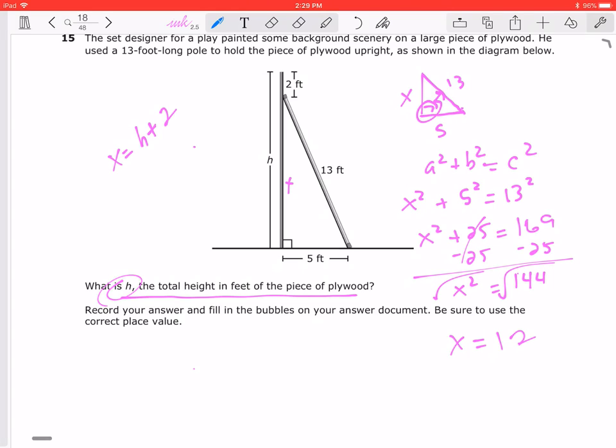Now again, remember, we're looking for h. We just found the value of x, but h is equal to x plus 2. Sorry. So h is equal to 12 plus 2, which gives me 14. So the answer that you would bubble into your Scantron is 14.